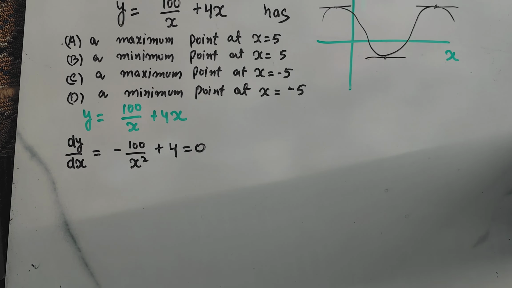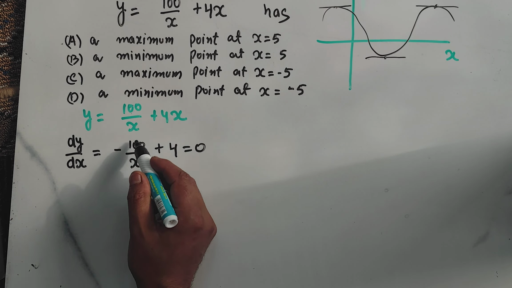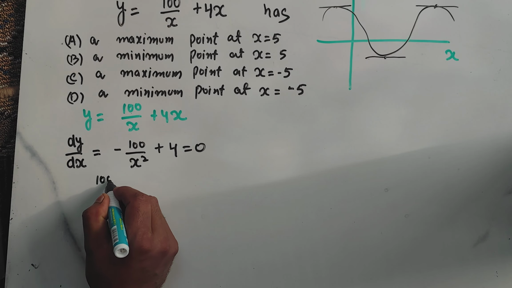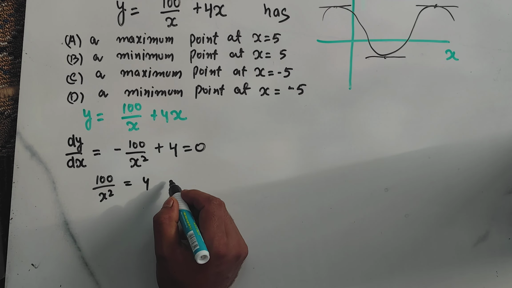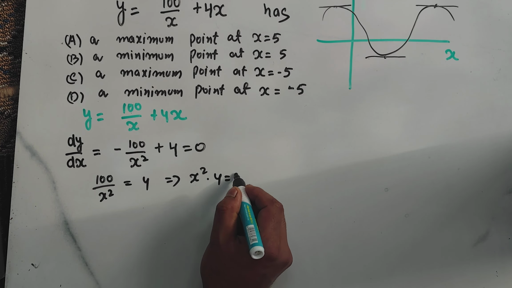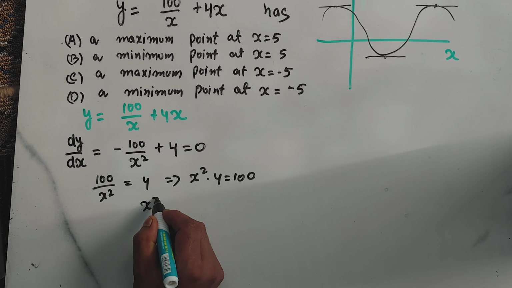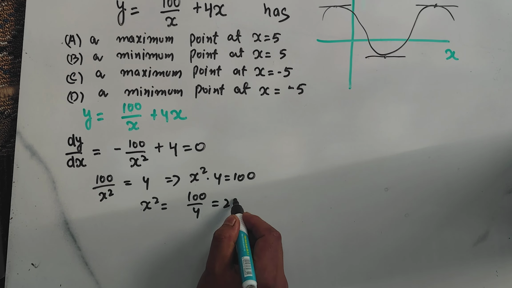Now let us solve for x here. Can we rewrite it like this? Transpose the negative term to the RHS, so it becomes positive: 100 upon x square is equal to 4. Or we can rewrite it as x square times 4 is equal to 100, or x square is equal to 100 divided by 4, which is equal to 25.